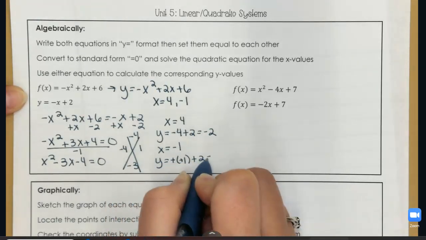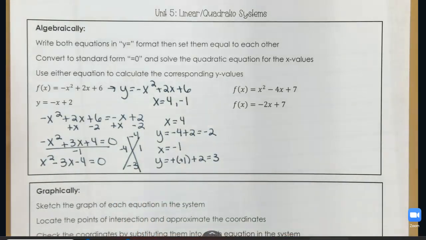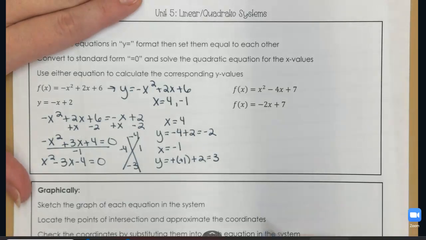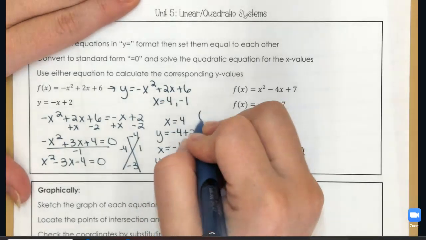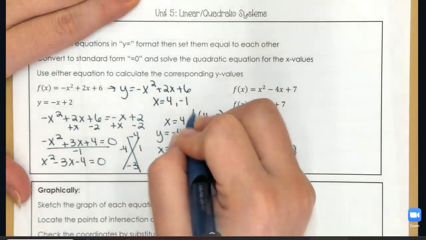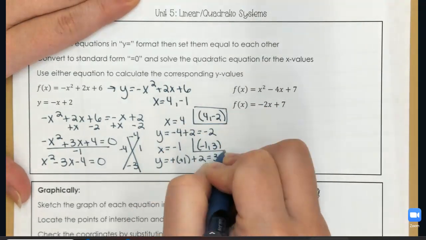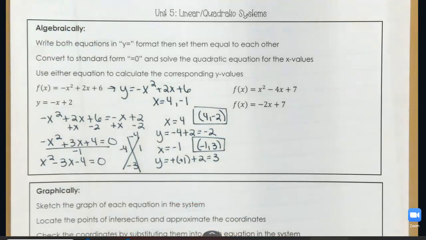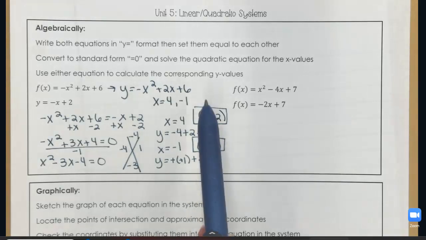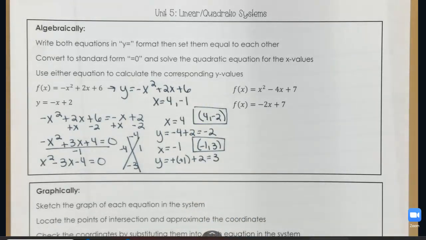That becomes positive, so that is 3. So my two intersection points for this first one are 4, -2, and the second one is -1, 3. So this one has kind of an extra step from what we have been doing previously, where we were looking for the x-intercepts. We are looking for an x-y pair here.